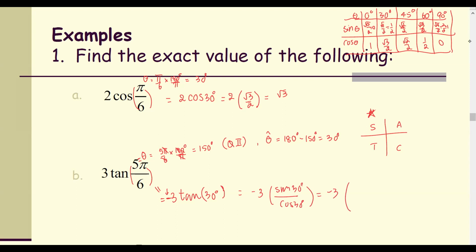The sine of 30 degrees is 1 over 2 divided by the cosine of 30 degrees, which is square root 3 over 2. Simplify to be negative 3 times 1 over square root 3, or negative 3 over square root 3, which is negative square root 3.